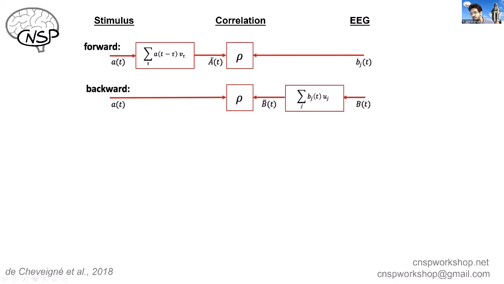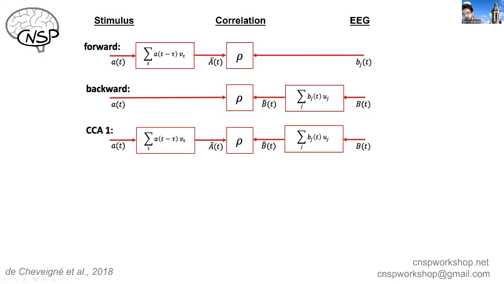You take your EEG and rotate it onto the stimulus space, and then you calculate your correlation, your r, between your reconstruction and the original. You can see this as a projection onto the stimulus space. Now, CCA is doing what I said before: you take both your stimulus and your EEG and you project both of them.